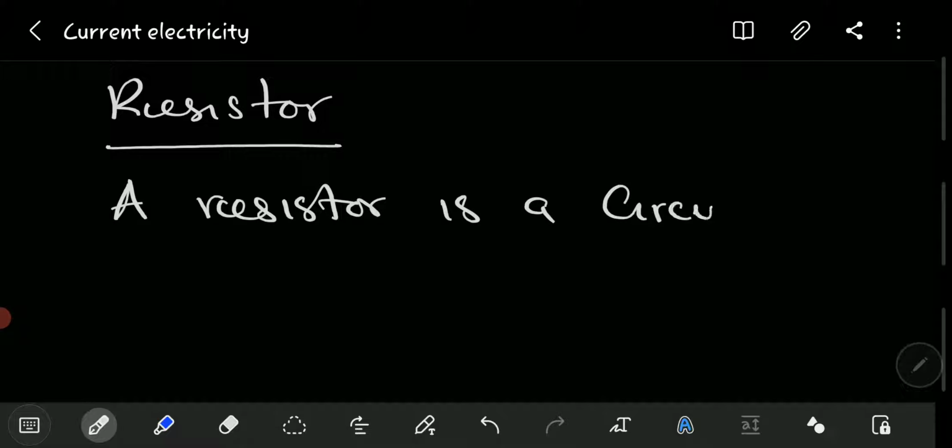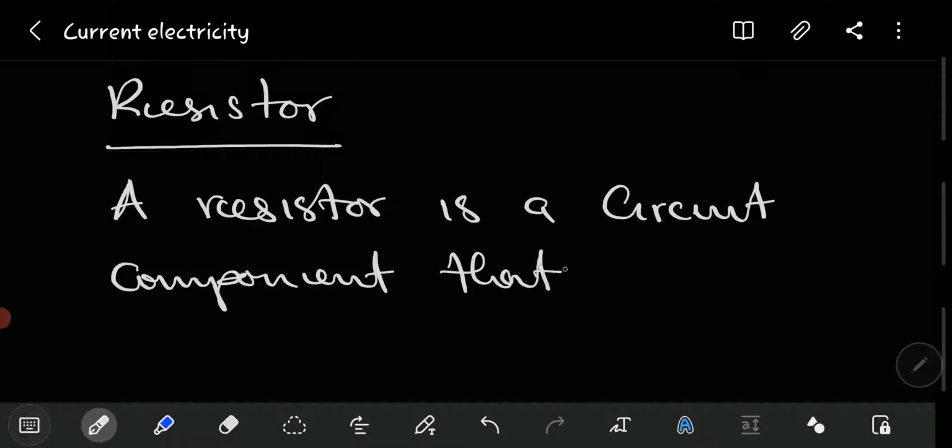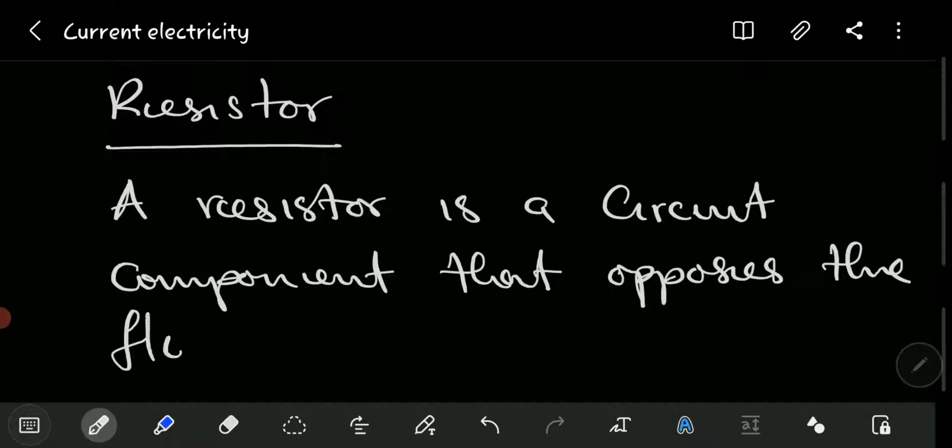A resistor is a circuit component that offers or opposes the flow of current.